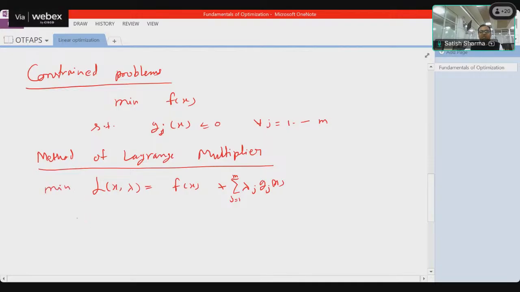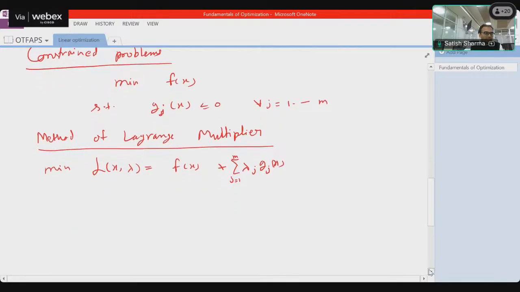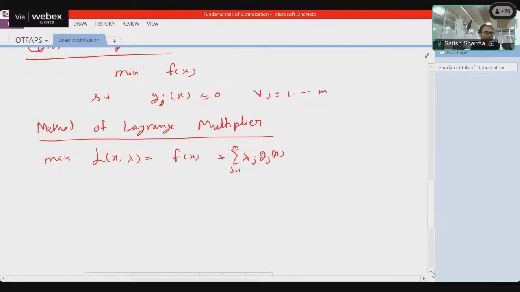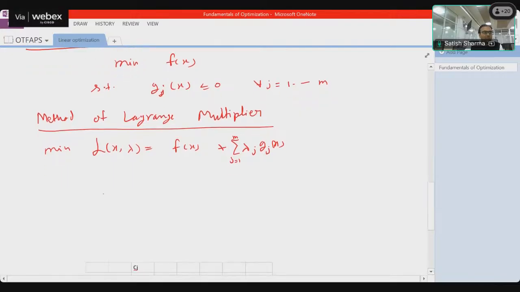So now it's unconstrained, and I can write down the conditions for optimal points.